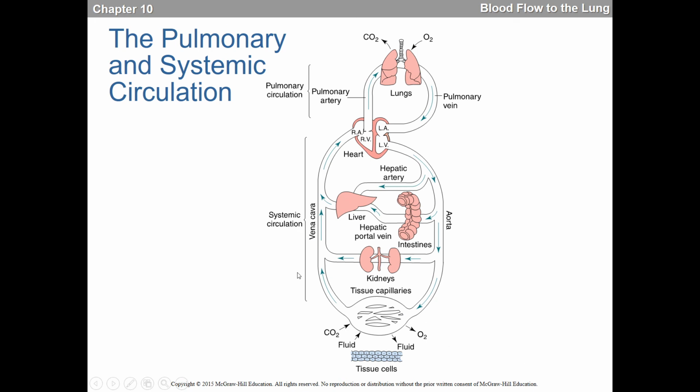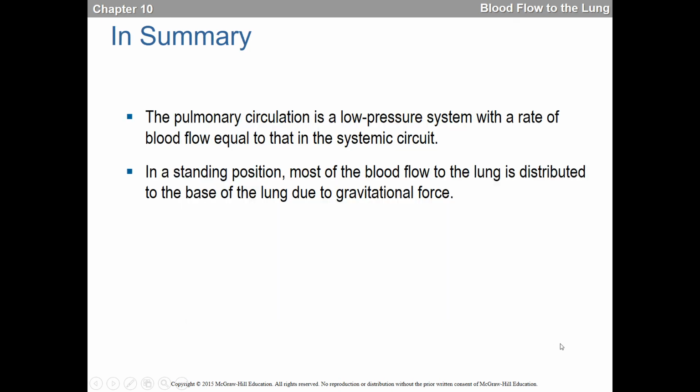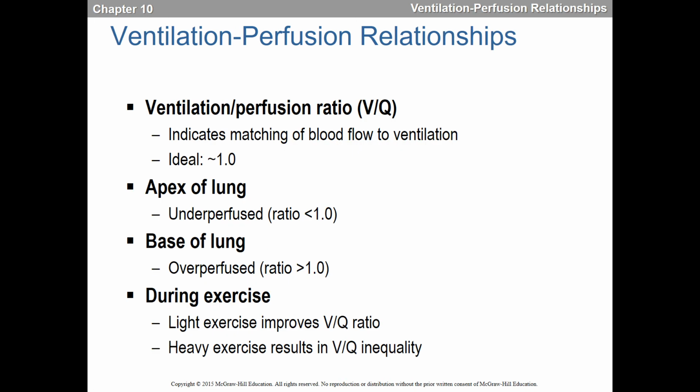It's more or less what we've been talking about this entire time. So here, regional blood flow within the lung. There's greater blood flow at the lower rib number, and there's less blood flow at the higher ribs. Yes, here, this is what I really wanted us to get to.